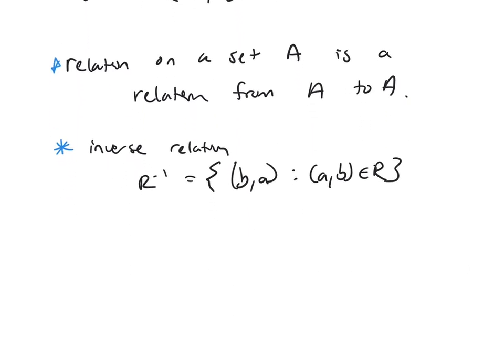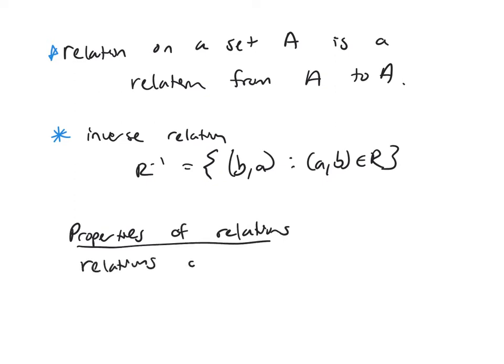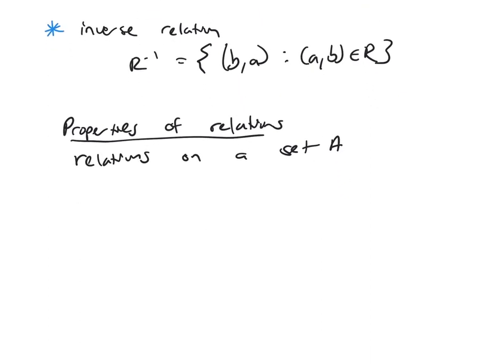And so now let's talk about some properties of relations. We're going to focus in on relations on a set A, so a relation from A to A. There were three different properties we discussed.